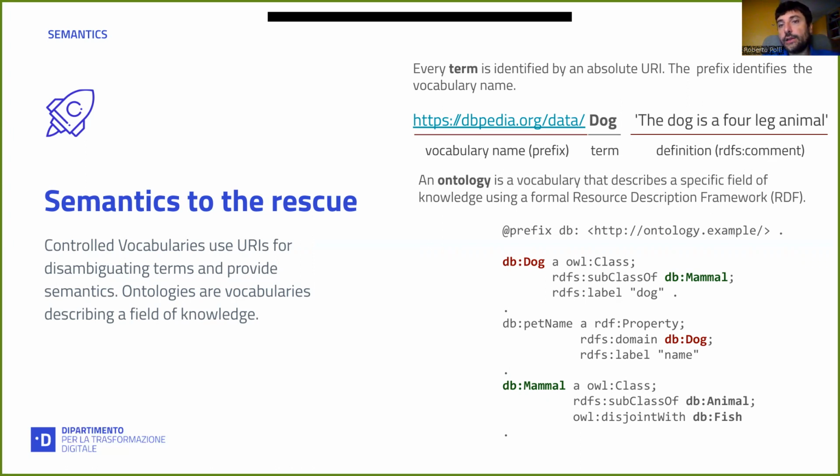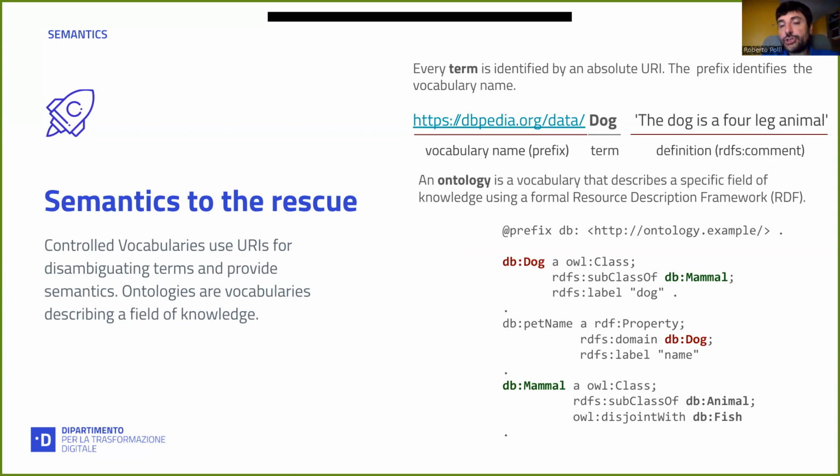From this, we learn that dog is a class of entities, and that it is a subclass of another class, another group of entities that is named mammal. And mammal is also a class of entities, and it is a subclass of animal that is disjoint from the class of fishes.